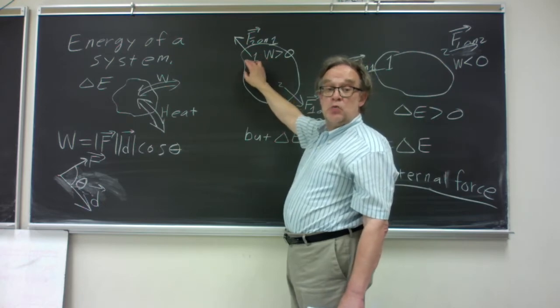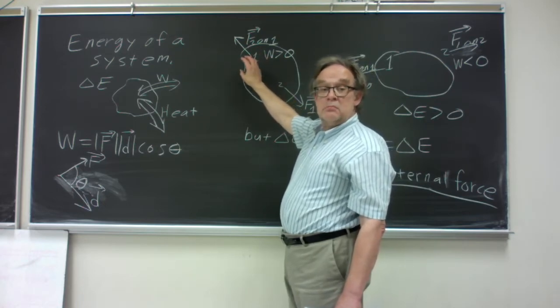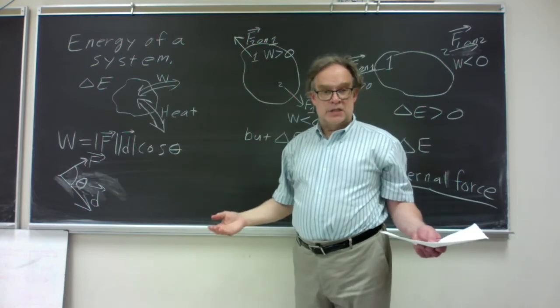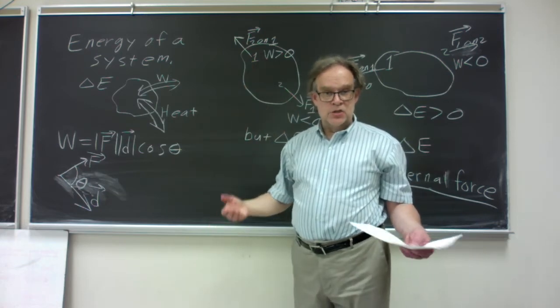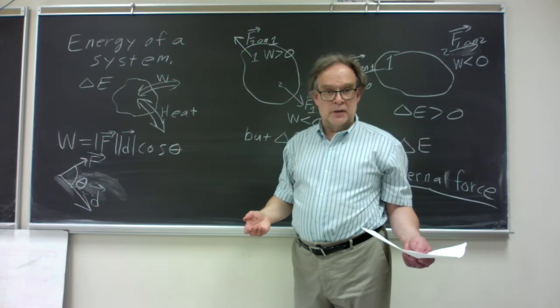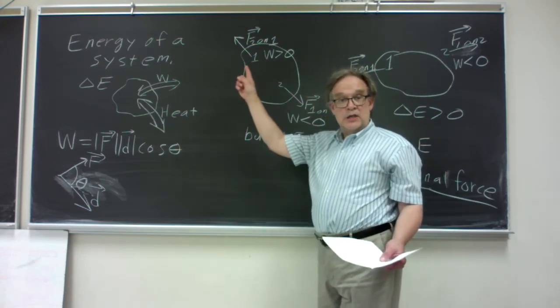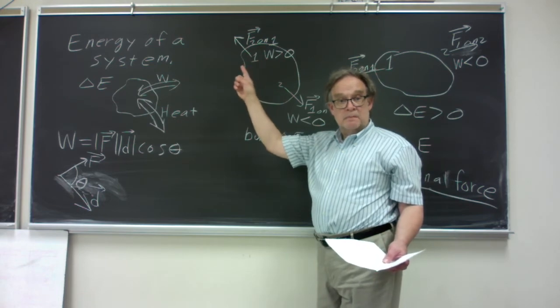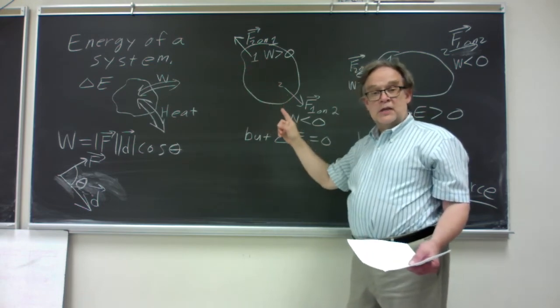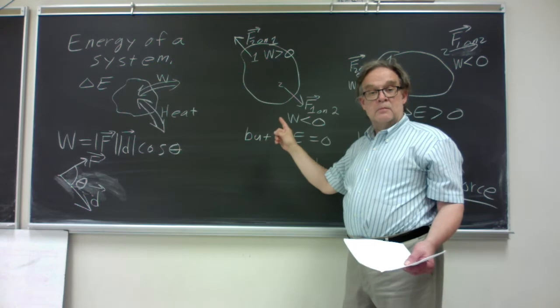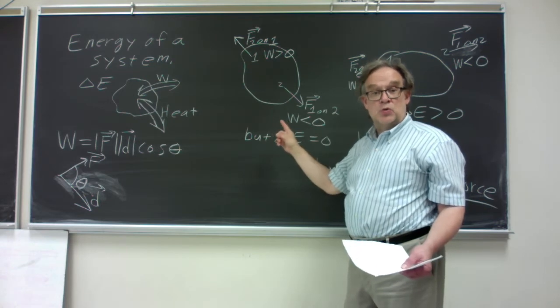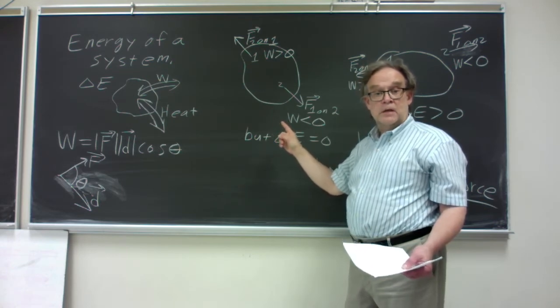Positive work means thing one gained some energy, and that energy has to come from somewhere. It doesn't just appear out of nothing. The way things work is that the energy gained by this thing was given to it by the source of that force that did the work, thing two.